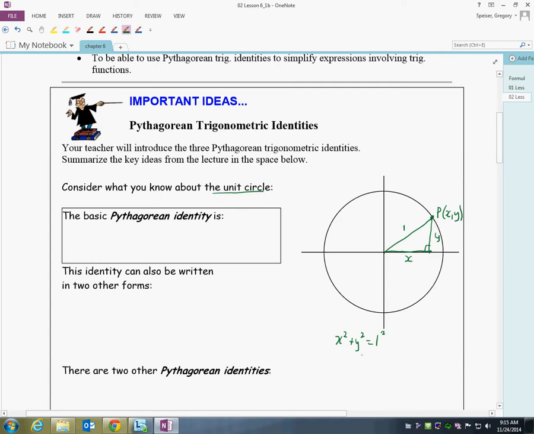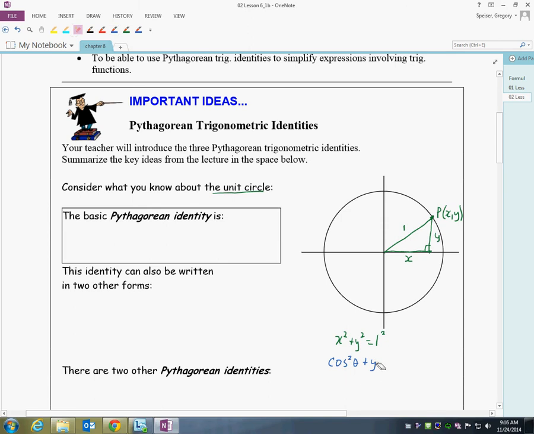But if we change this around and you realize, hey, another way of looking at this triangle is that we remember on the unit circle that x is the same thing as cos. So in our unit circle, we could say cos squared of theta plus y, not y, but where's my eraser?